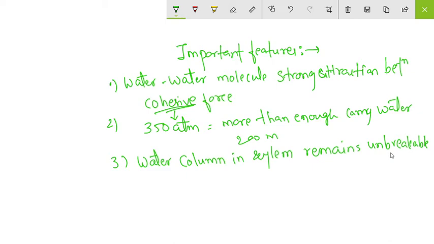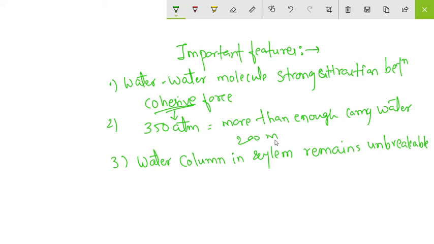That means the water molecules have a strong attraction between them, known as the cohesive force. This cohesive force is strong. It creates about 350 atmospheric pressure, which is more than enough to carry the water up to 200 meters or more.